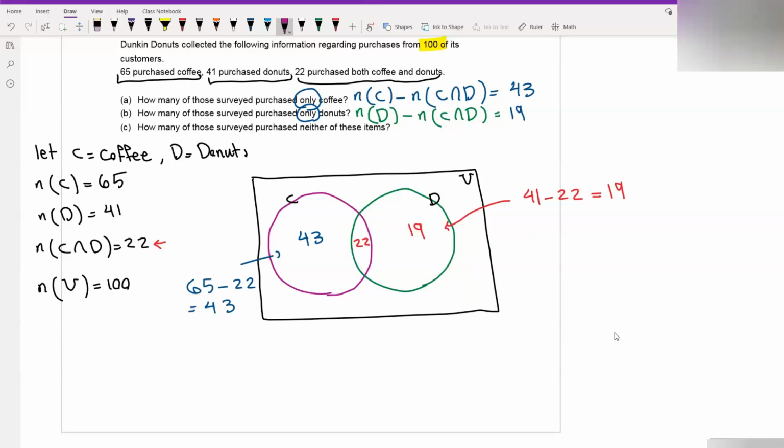Here for part C, we have to find the number of elements that are inside the complement of C union D. So this is the way that we have to write it.